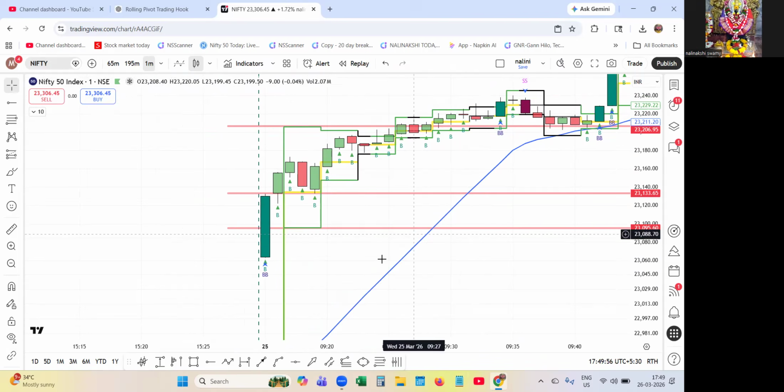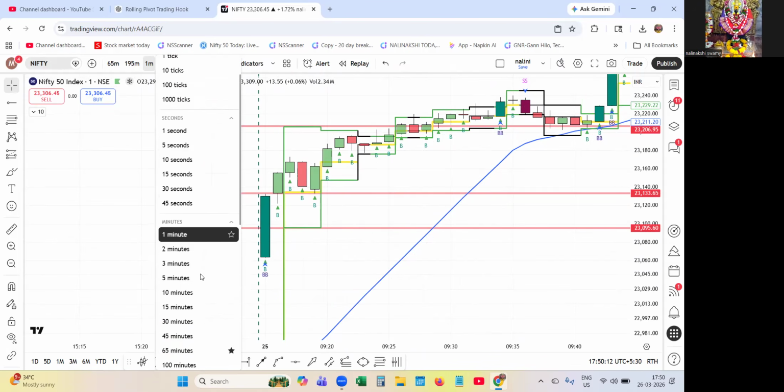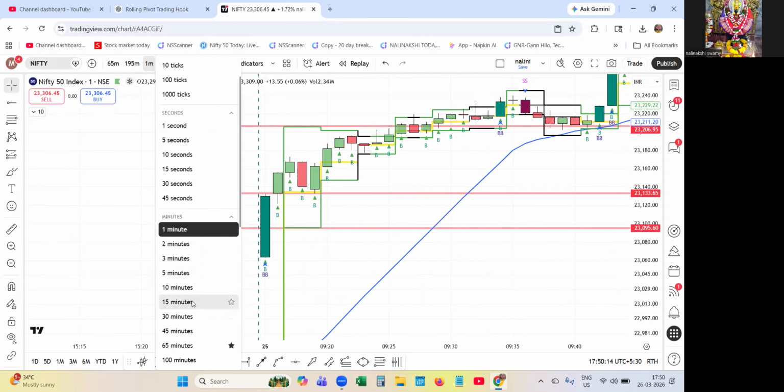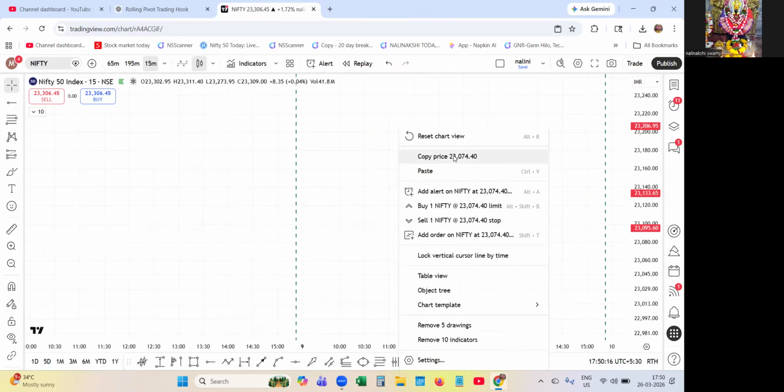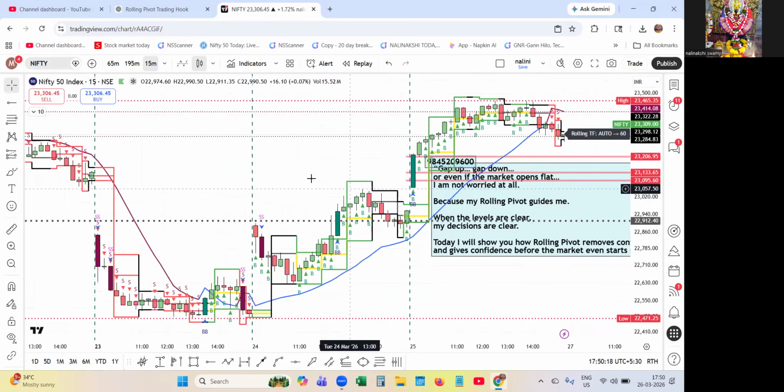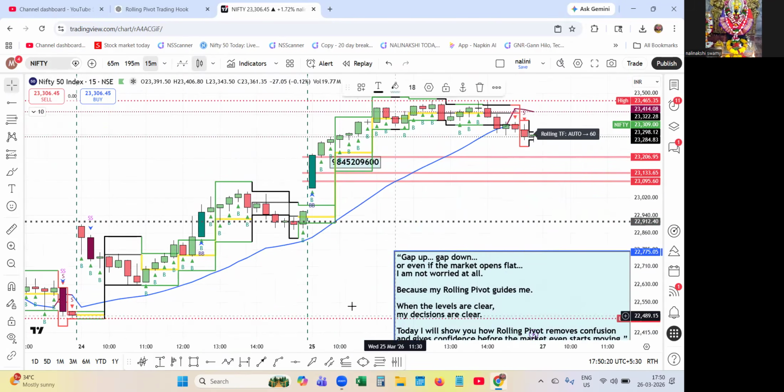So these are my lifelines for my intraday time frame. Then the next step for my trade is that I stay calmly on the 15 minutes. Let me reset the chart and come back to you.